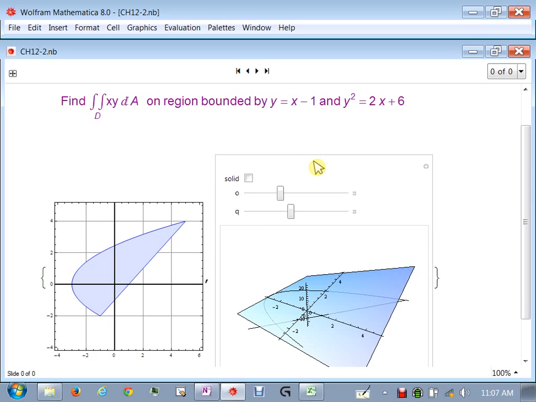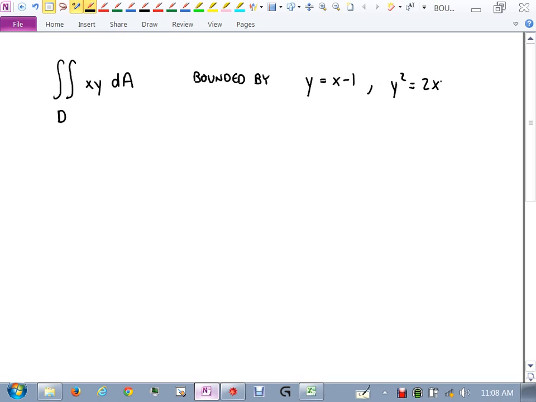I'm going to do it, and then we'll come back and take a look at the picture. So find the double integral over D of xy dA, where the region is bounded by y equals x minus 1 and y squared equals 2x plus 6.